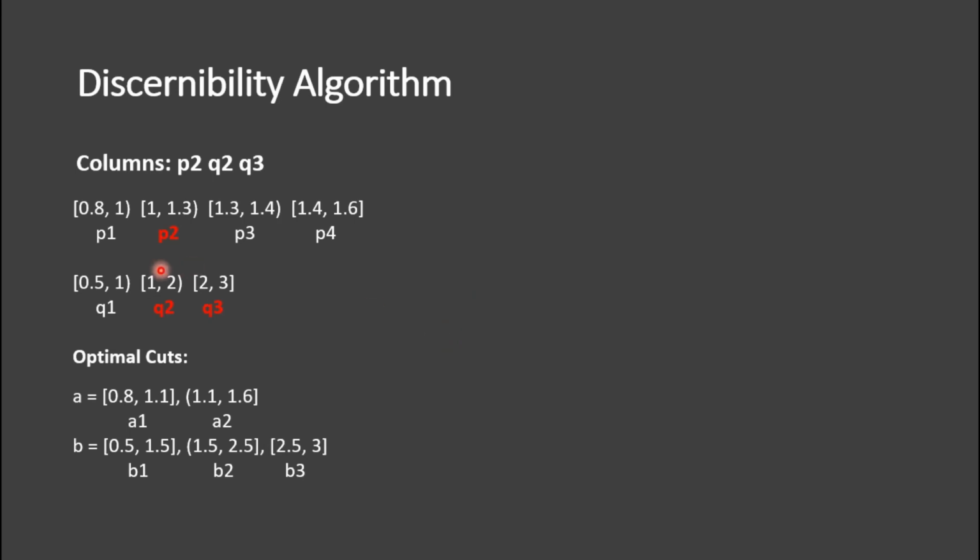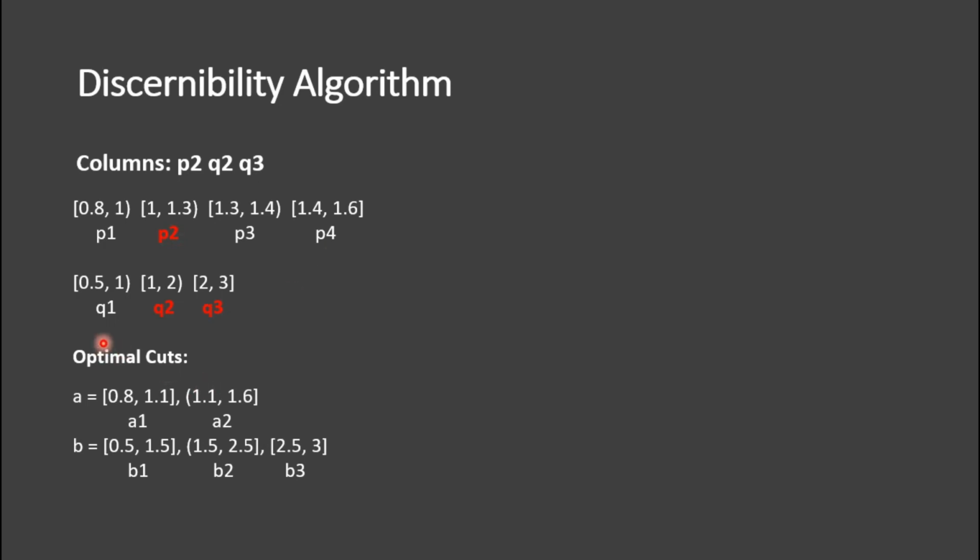Here are the cuts for P2, Q2 and Q3. In order to create the optimal cuts, we take the range. We take the average of 1 and 1.3, which is 1.1. So in our optimal cut, it would be from 0.8 to 1.1 and then 1.1 to 1.6.